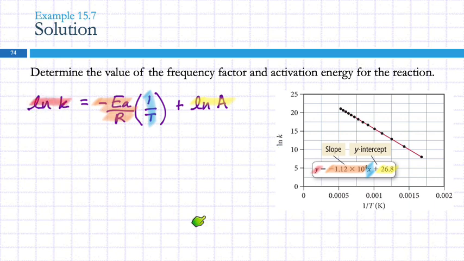Because it works out that way. On the x-axis, we have 1 over temperature. Here, we wrote this in a way that 1 over temperature is standing by itself so we can see it clearly. So that's X. The slope of that line is equal to negative EA over R. The intercept is equal to the natural log of A.